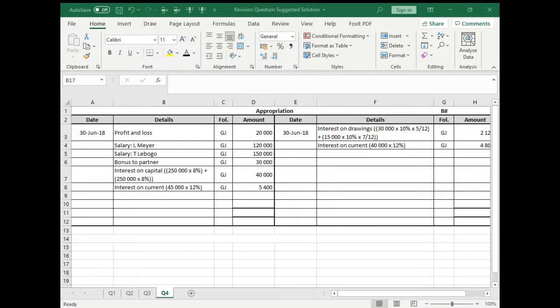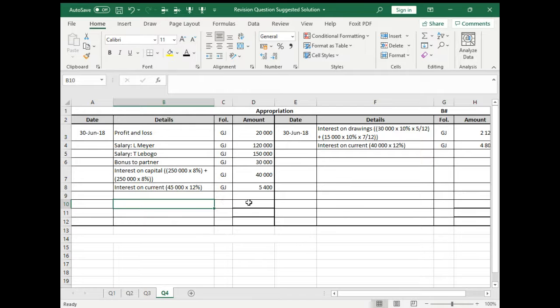Is there any other thing we need to account for in this account? Okay, so the last thing is the profit and loss. So the net amount that's left over, we need to calculate it.